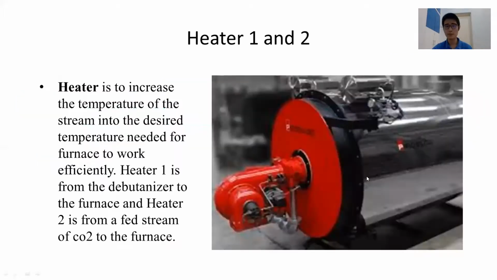After that are heater 1 and heater 2, where heater 1 is connected from the debutanizer and heater 2 is connected to the depropanizer. The heater is to increase the temperature of the stream to the desired temperature needed for the furnace to work efficiently.